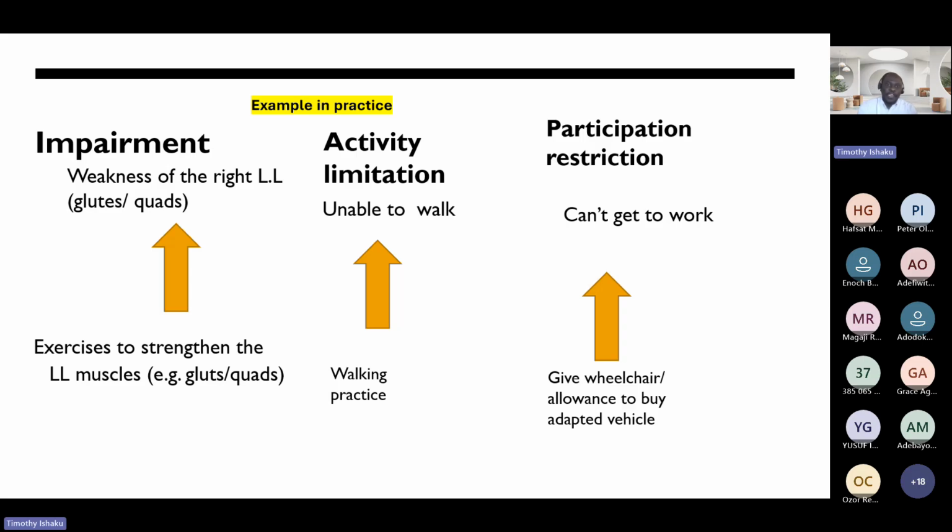And with the target that hopefully they can return to some participation in their work, community, or society. And either we can modify it by giving them crutches, if possible, or adaptation with a wheelchair if walking is not possible, just to enable empowered patients to continue their day-to-day function.